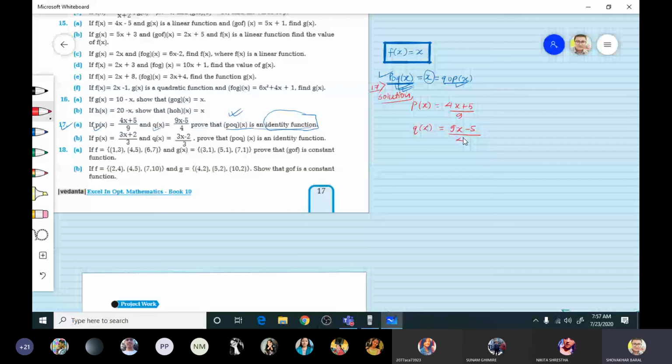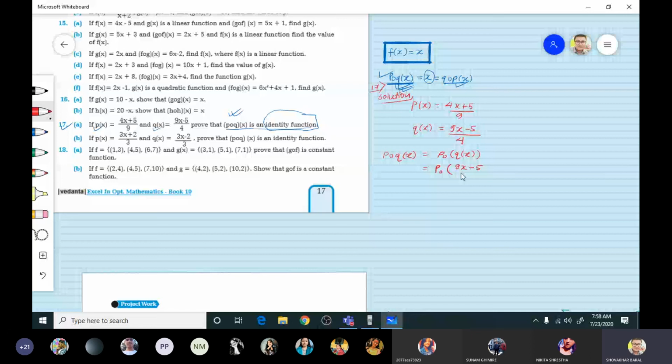So p composite q of x will be equal to p of q(x). Now replace the value of q(x). The value of q(x) is (9x minus 5) divided by 4.